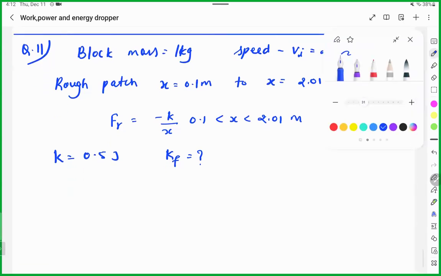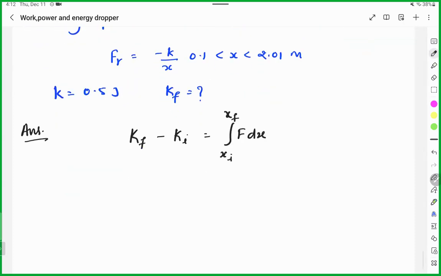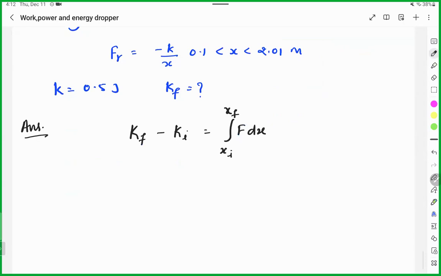Anybody got the answer? You have to calculate the final kinetic energy, and you know final kinetic energy minus initial kinetic energy is equal to the integral of force into displacement from x initial to x final. Correct? You can calculate the initial kinetic energy.